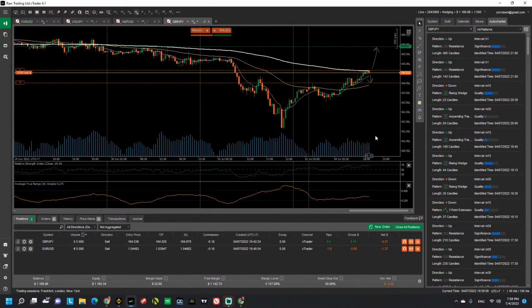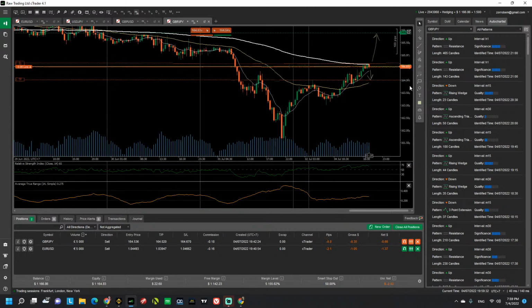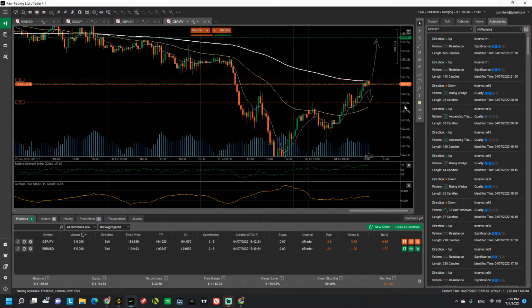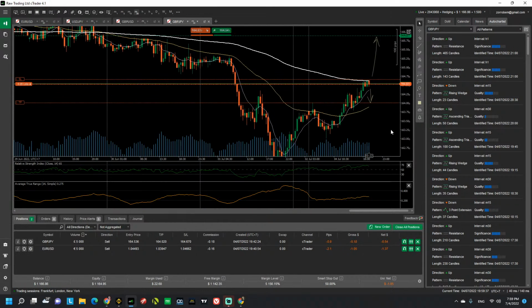Let's try to find out. Okay, 36 seconds more until the next candle. Let me just make this size bigger so that we can see.